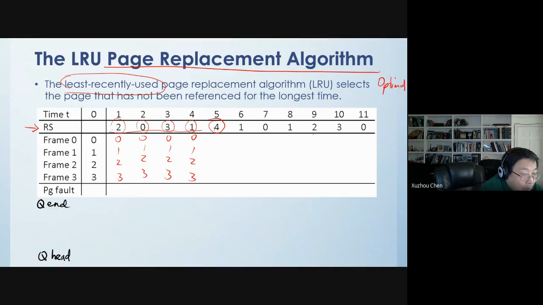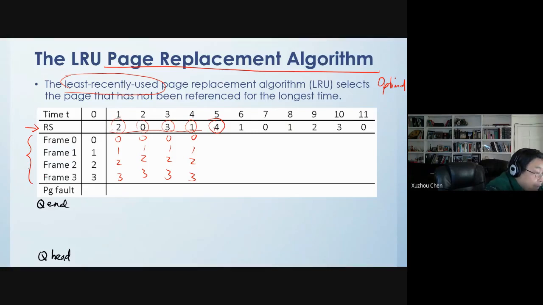The pages will be called in such a sequence: 2 0 3 1 4 1 0 1 2 3 0. So we assume that there are 4 frames in the physical memory space.